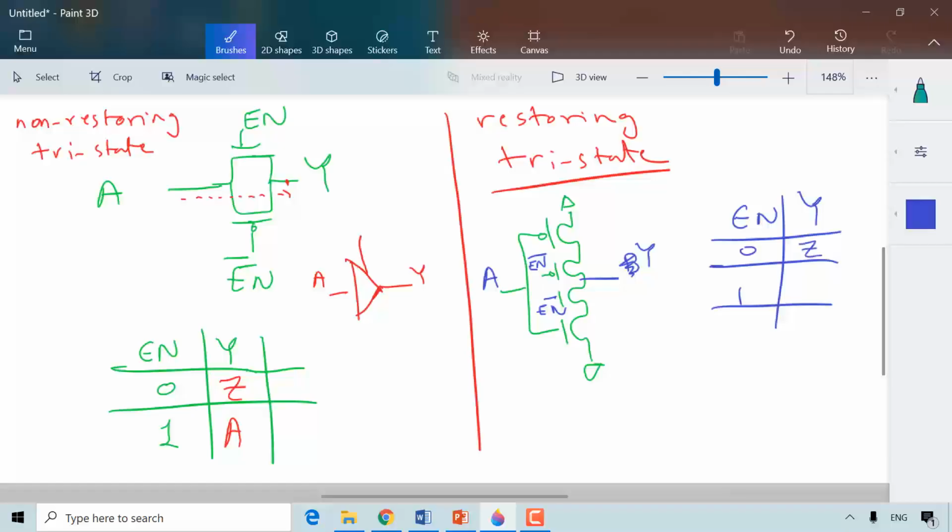But if the enable is 1, then Y equals A prime. It becomes like an inverter circuit. And the logical symbol of this is like so. So we call it a tri-state, and in many cases, when people say tri-state, they actually mean the restoring tri-state.